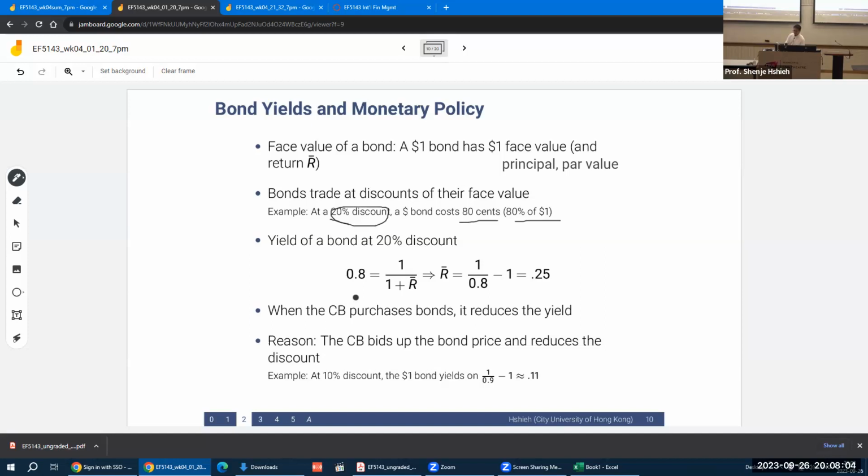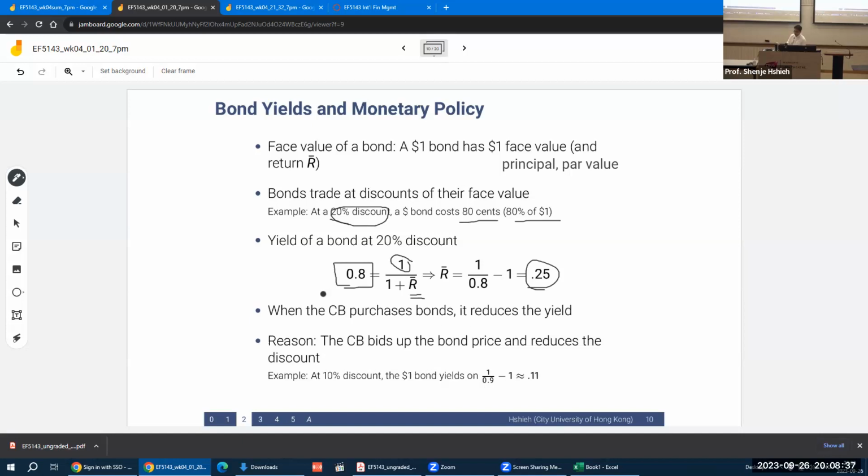If you have a bond that's traded at a 20% discount, that means the price is 0.8. If you want to find the bond yield for a bond that pays $1 in the future, the bond yield is in the bottom here, 1 plus R. Solving for R gives you the bond yield of 0.25. That's the required return on this price to get you to $1.